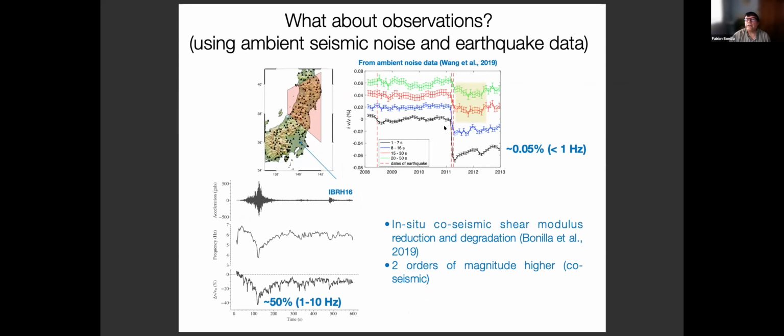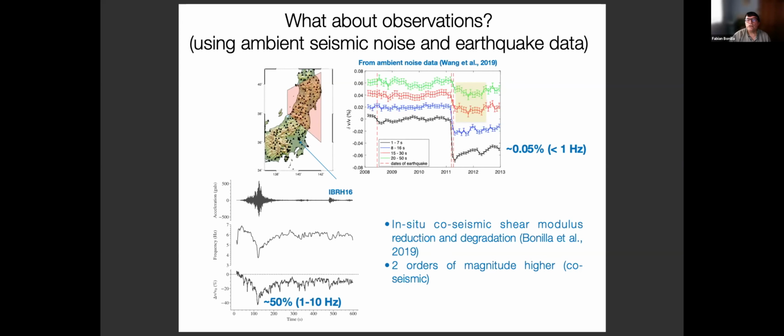However, what he did is he computed the different frequency bands, as you can see here, and you can observe that the frequency band close to 0.5 hertz produces velocity changes near 0.05%, for frequencies below 1 hertz. And they are even lower at very low frequencies, but these are involving all the crust.